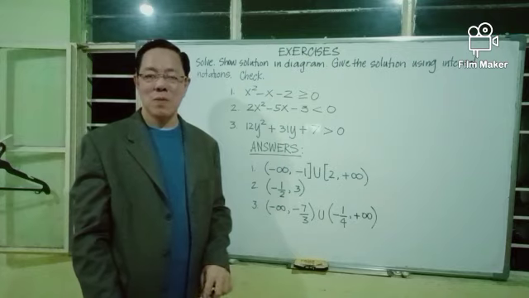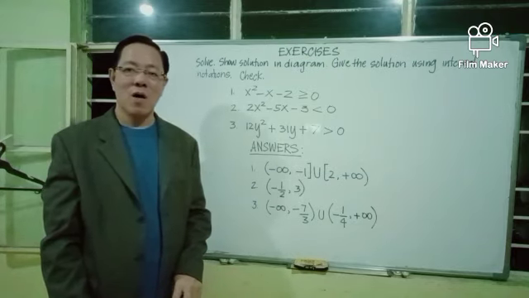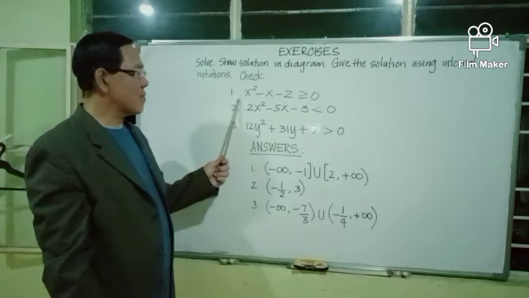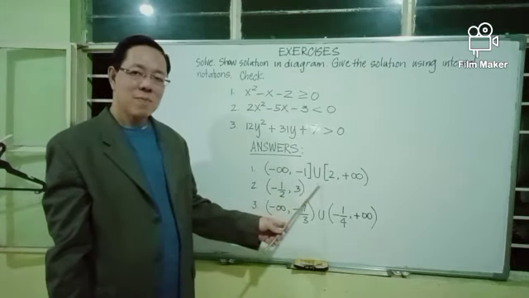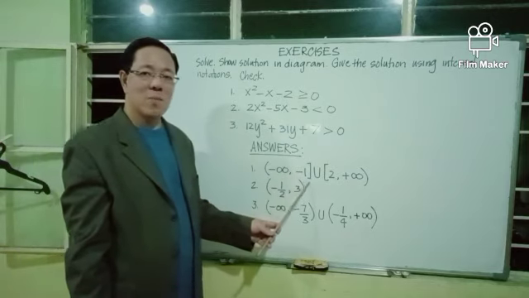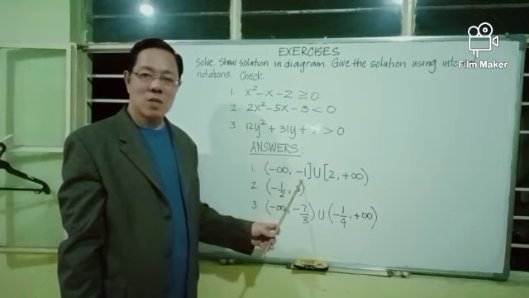And for you to be able to check your answer, I give you the solutions for each of the quadratic inequalities. For the first quadratic inequality, the solution is the union of these half open intervals, negative infinity to negative 1. This means that negative 1 is one of the solutions.